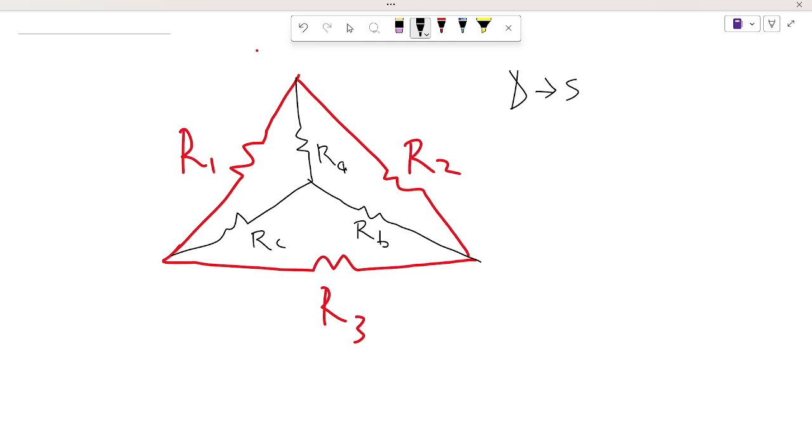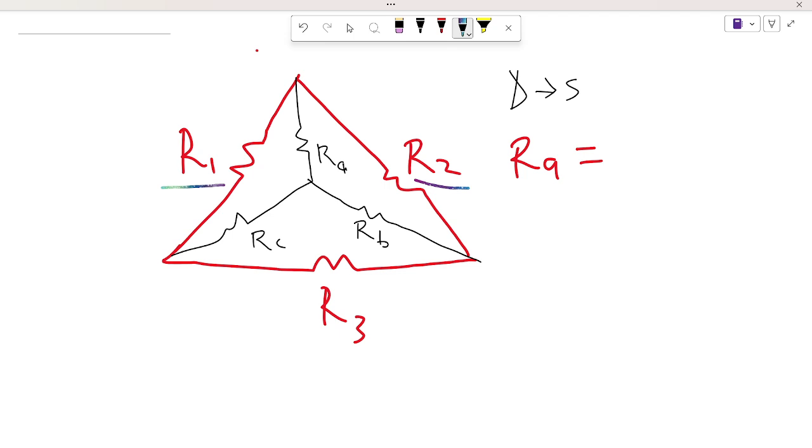So if we have RA, that's the first one that we want to express. For RA, first of all, we look at the ones adjacent to RA, and we can see that R1 and R2 are adjacent to RA.